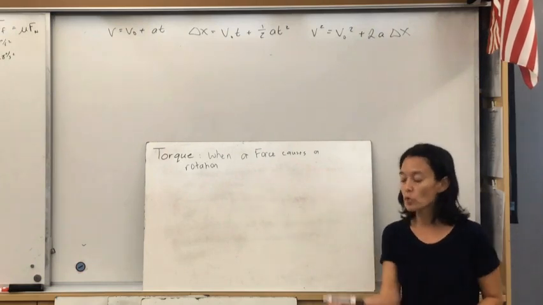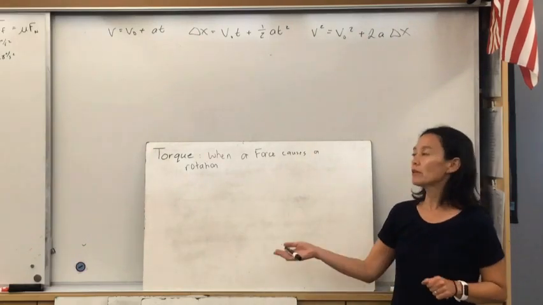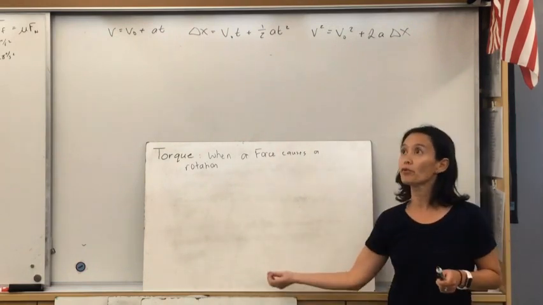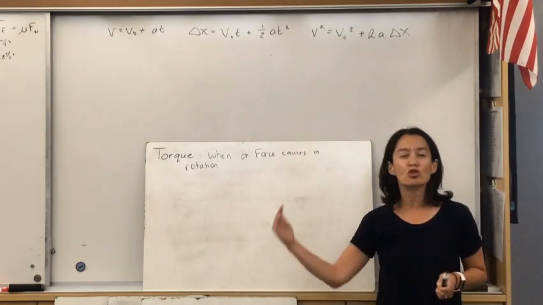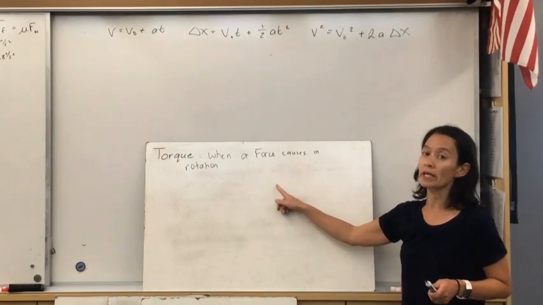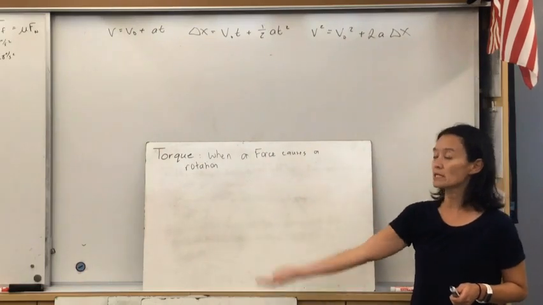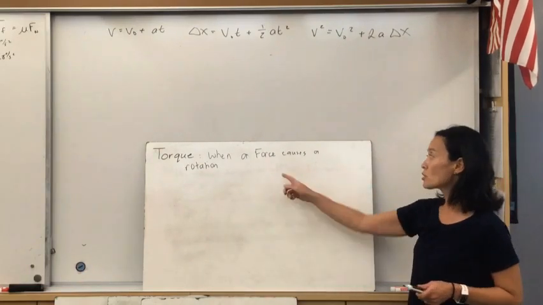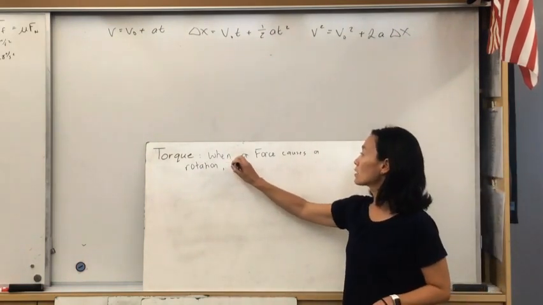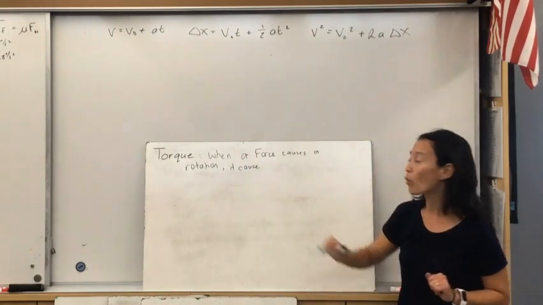We've caused it to move in a linear direction. Or even if I throw something, I've given it a force in a direction and it's translating. Torque is this idea of it rotating. So I'm not just lifting something up, I'm rotating something around a pivot. So it's when a force causes a rotation and it causes the object to rotate around a pivot point.